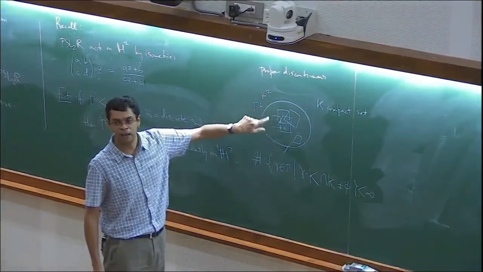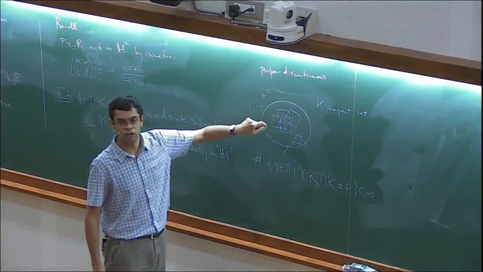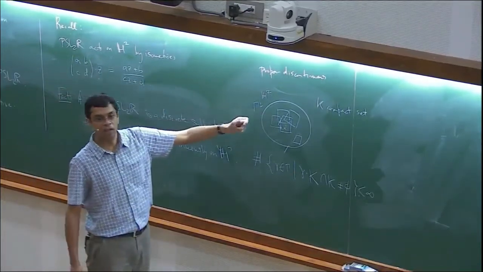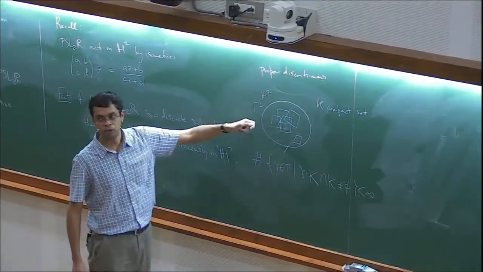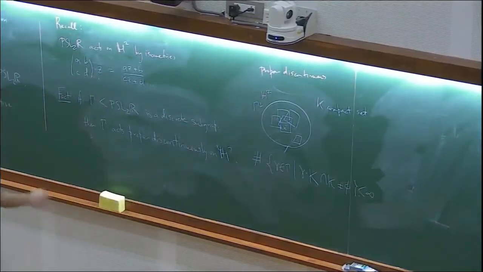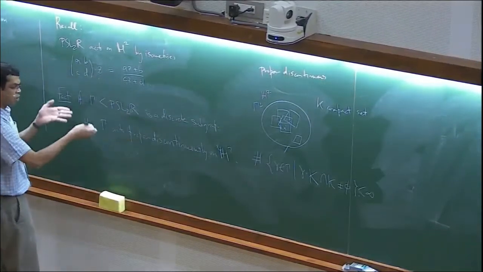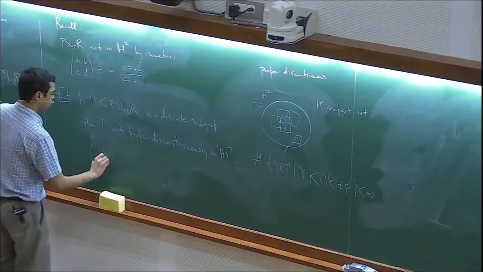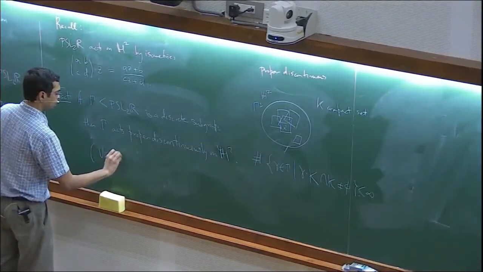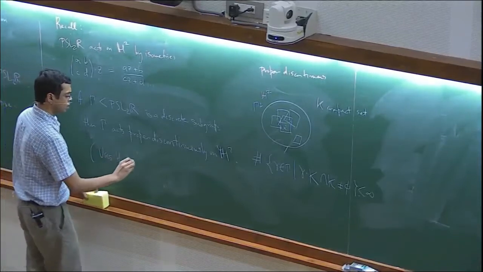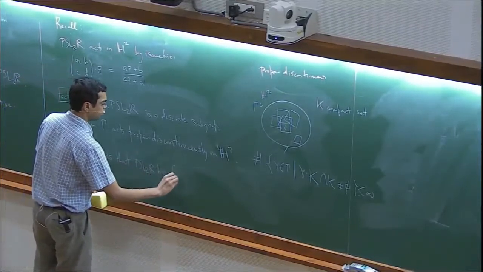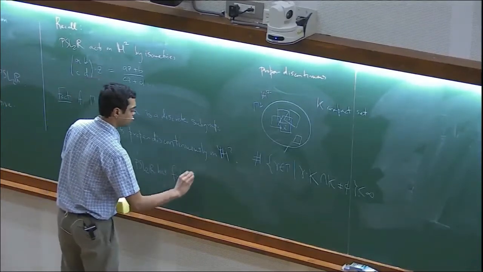These are elliptic elements: if there's some element here that fixes a point, then it has finite order. This is a basic fact you know, and it's used in the proof of this. You have to use that fact about PSL2R, that it has finite stabilizers of points. Okay, so.